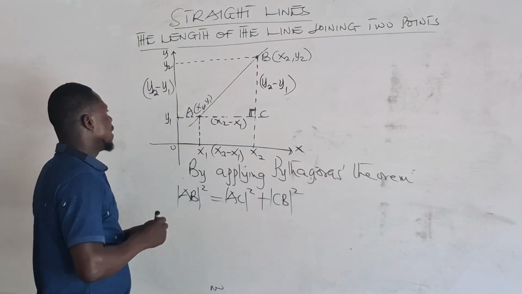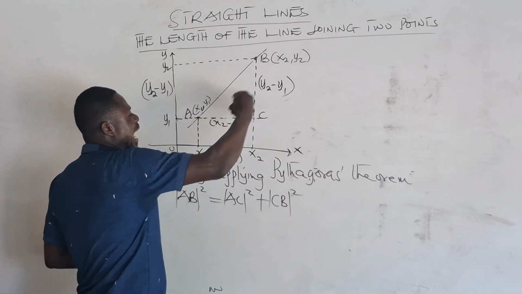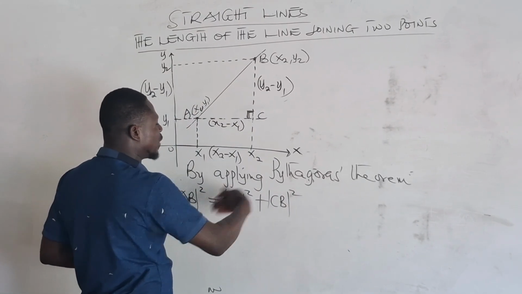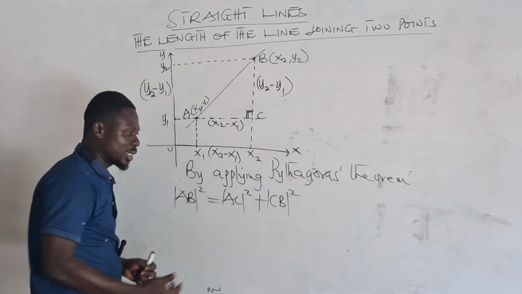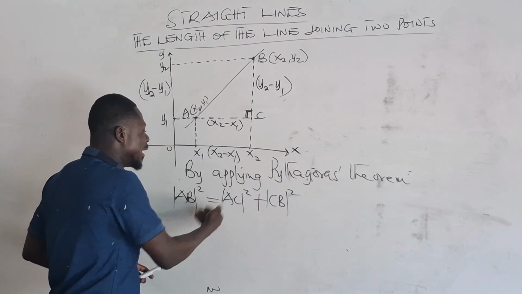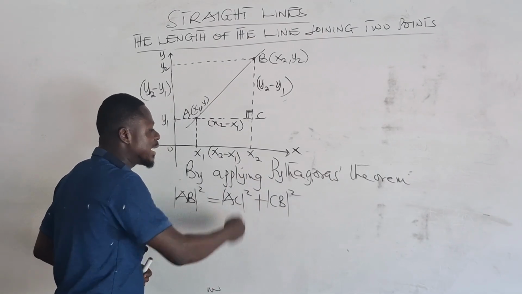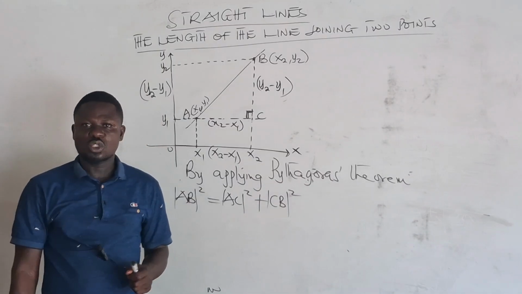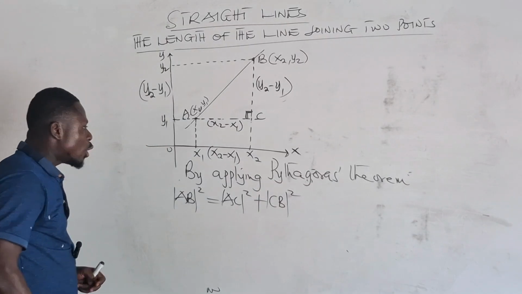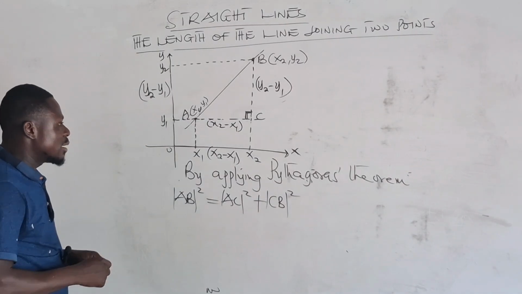It means that the square of the longest side should be equal to the sum of the squares of the other two sides. So AB squared is equal to AC squared plus CB squared. That is all about Pythagorean Theorem.